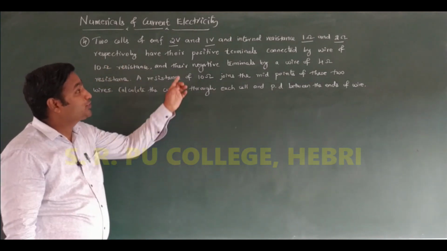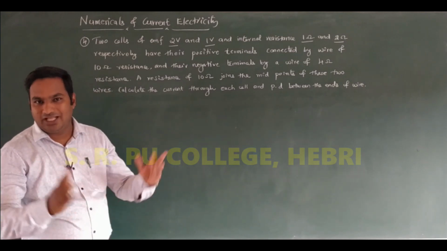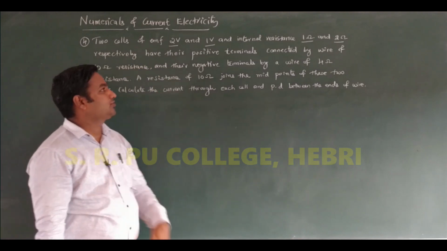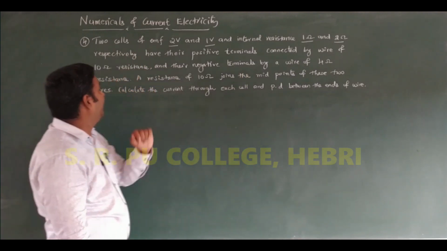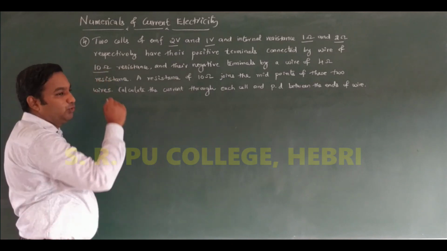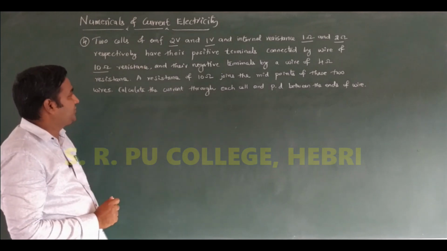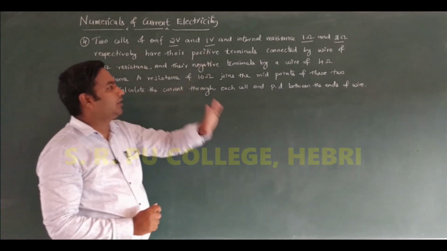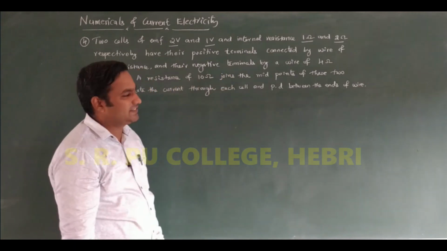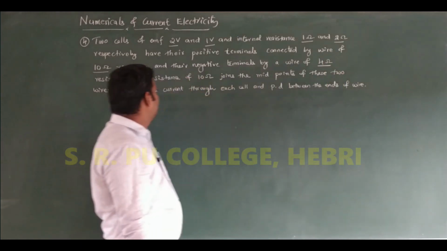Have their positive terminals connected by a wire of 10 ohm. Both cells have a positive terminal as well as a negative terminal. The positive terminals of both the cells are connected by a wire of 10 ohm resistance, and the negative terminals of both the cells are connected by a wire of 4 ohm resistor.